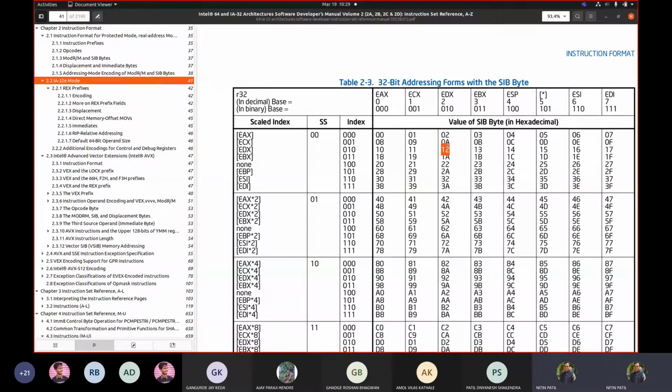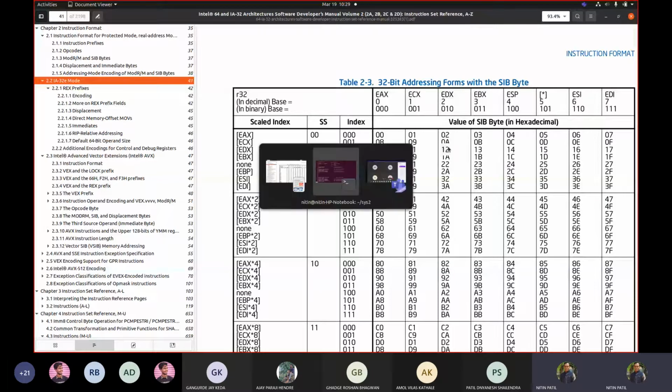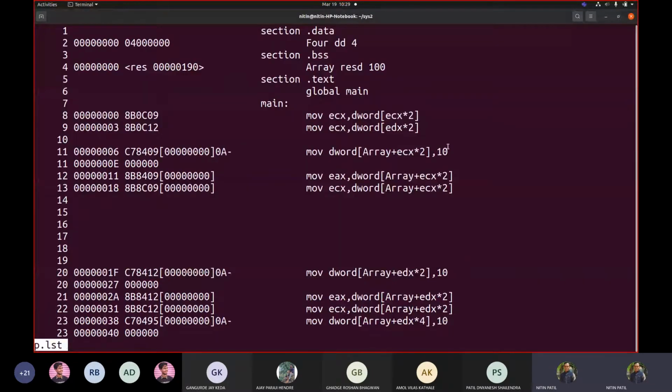Same register it is showing, but then it should have multiplied by 2. So it is not taking that multiplicative factor of 2. What must be happening there? So was it not treated as an index?